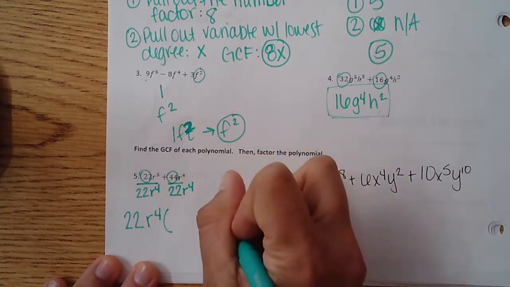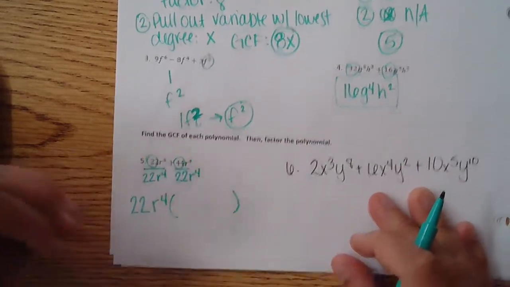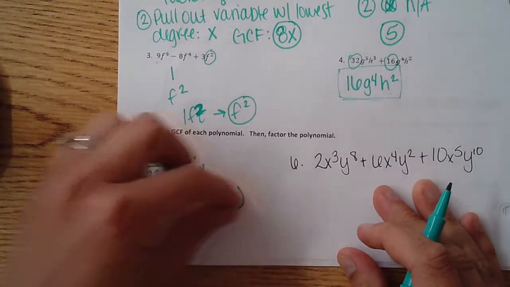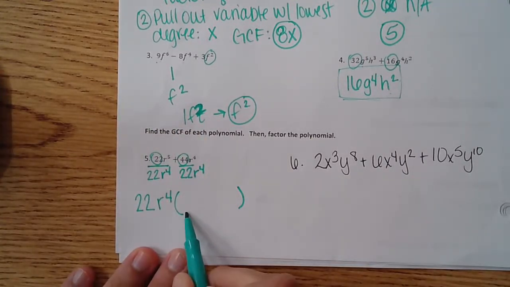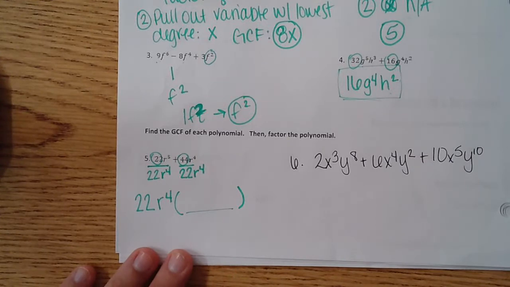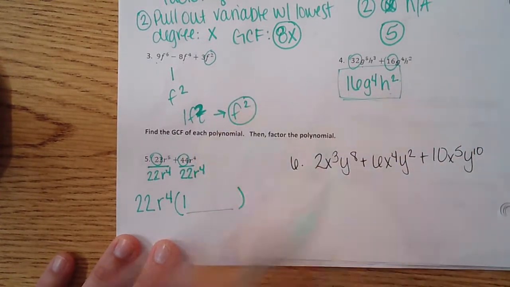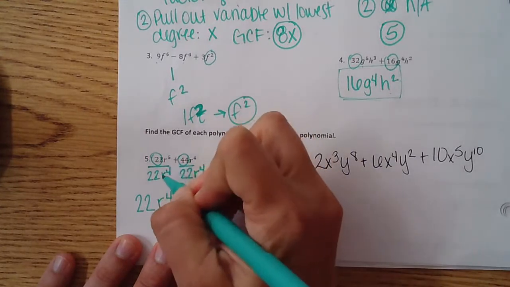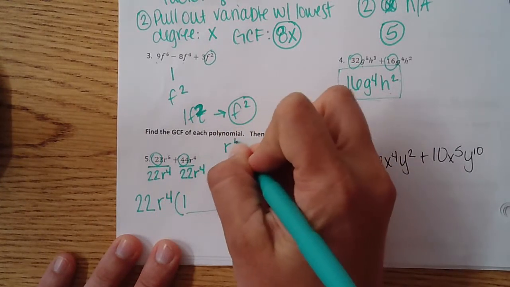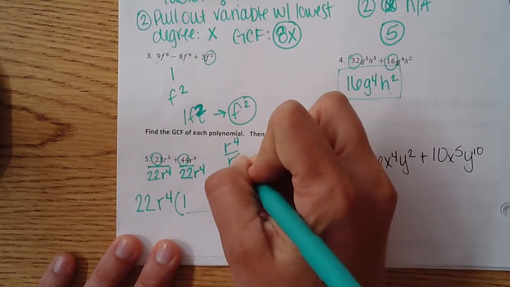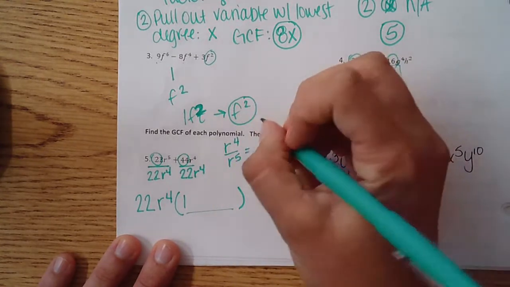Okay, when we write this, what we're doing is we're extracting 22r to the 4th out of this. What's left over is going to be inside our parentheses. So we divide 22 divided by 22 is 1. Now r to the 5th divided by r to the 4th.